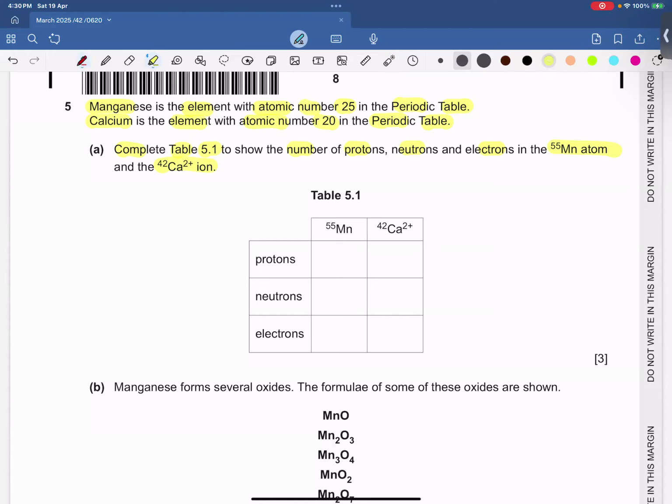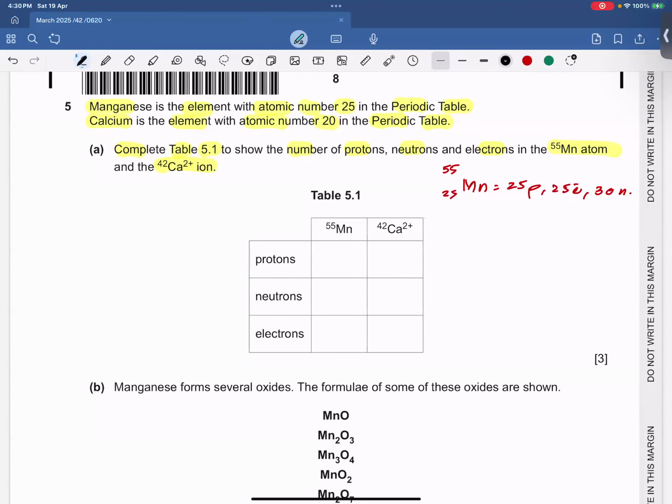So manganese has an atomic number of 25 and its mass number is 55. So it has 25 protons, 25 electrons, and 55 minus 25 becomes 30 neutrons.